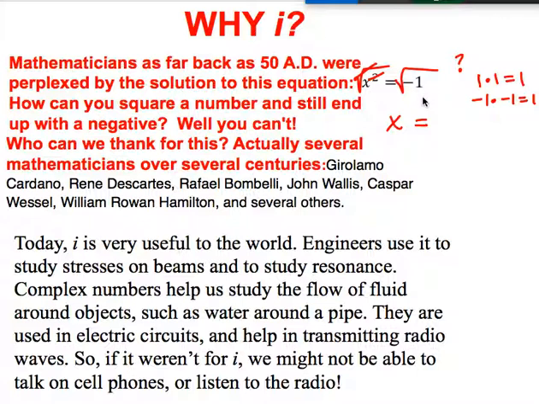It can't do it. So they decided to describe this phenomenon as, instead of x equals the square root of -1, they decided to describe it simply as x equals i. So i is really the square root of -1. So that's what its equivalent is.